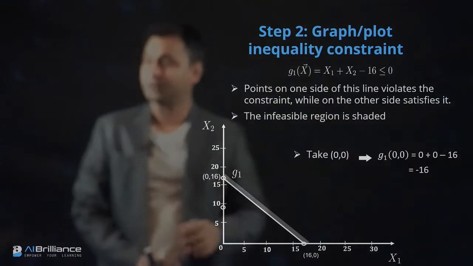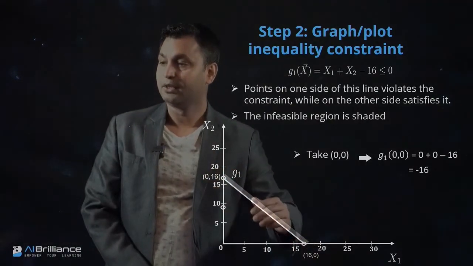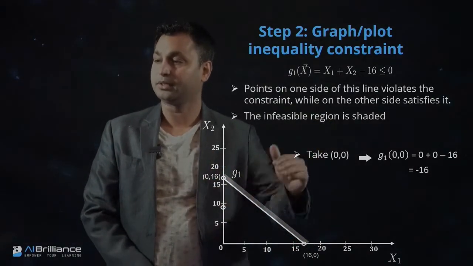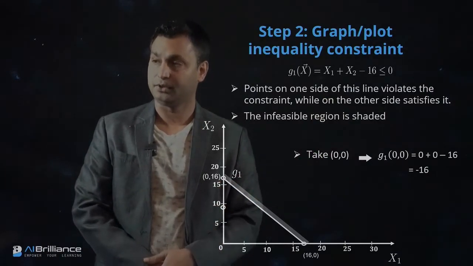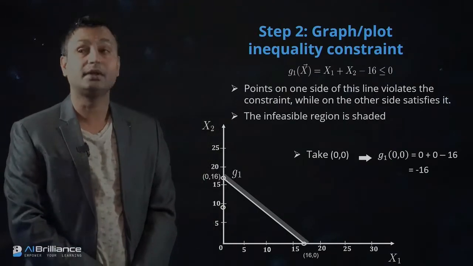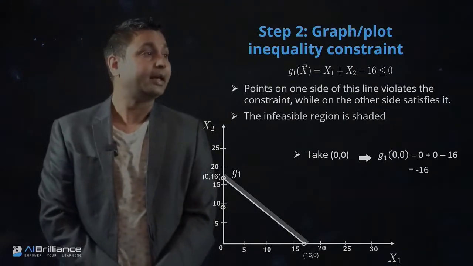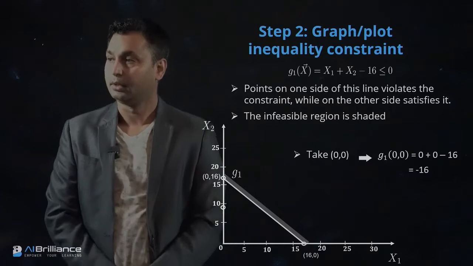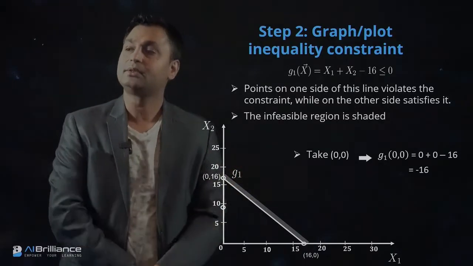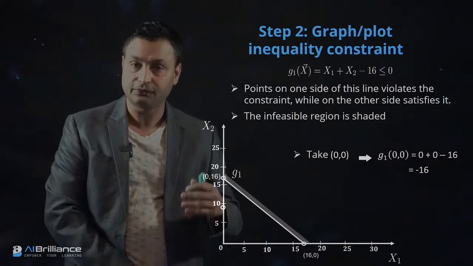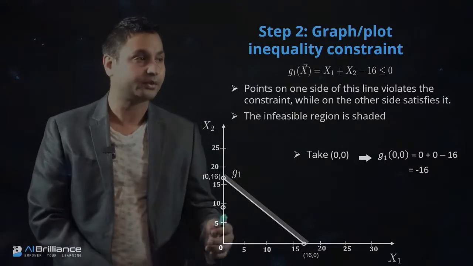So here we shade this portion of the line, telling us that this side of the line is infeasible, whereas this portion is feasible. That is how you plot an inequality constraint in a graphical solution approach. Now we are going to repeat these steps for all the different inequality constraints that we have in our problem.